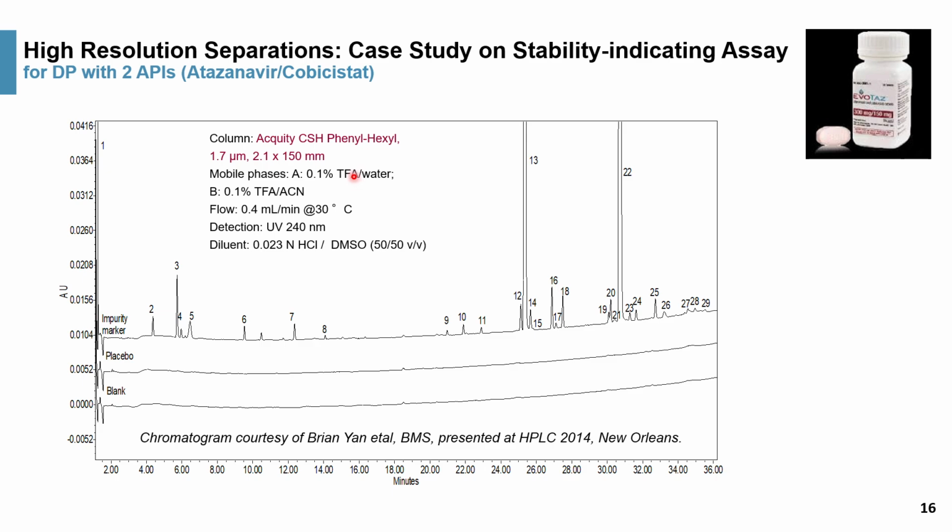So using a charged surface hybrid phenyl column, 150 millimeter long, 2.1 millimeter ID packed with 1.7 micron, a very high resolution column, and a very simple mobile phase, acetonitrile and mobile phase A, TFA in water, one can achieve a very impressive resolution.